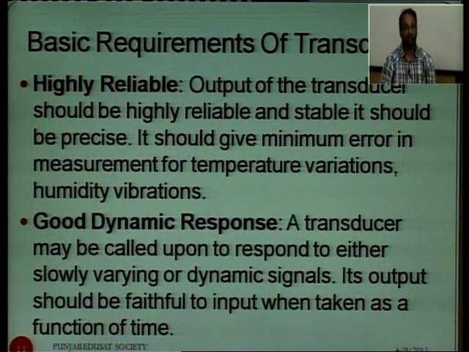Good dynamic response. A transducer may be called upon to respond to either slowly varying inputs or dynamic signals. That means its response must be the same for slowly changing inputs or dynamically changing inputs. Its output should be faithful to input when taken as a function of time.